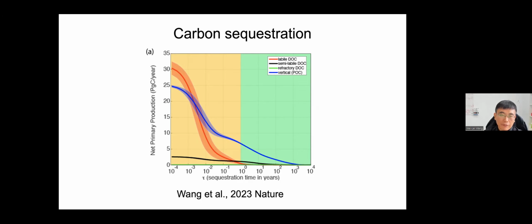Except for the labile DOC, the vertical DOC contributed the second lion's share, and it also contributed the largest sequestration over a 1-year period. I'm sorry, I forgot to say the yellow and the green line separated the sequestration time less than a year and longer than a year.